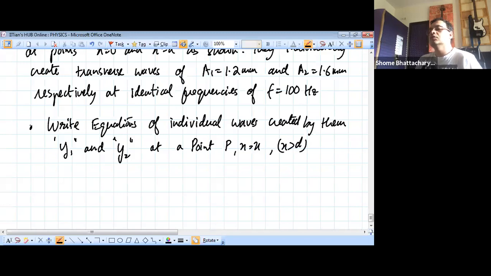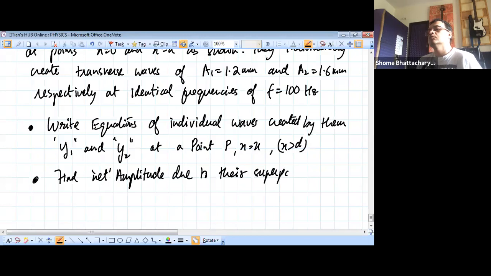So do this and find the net amplitude due to their superposition. Okay. Assuming S1 and S2 oscillate in phase.